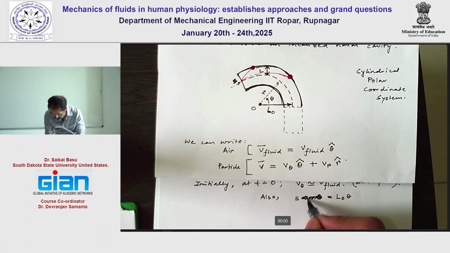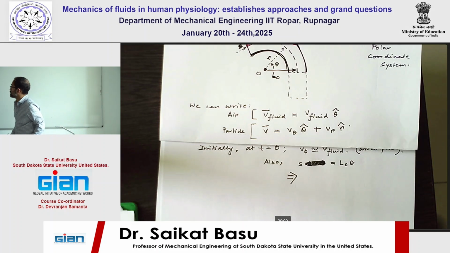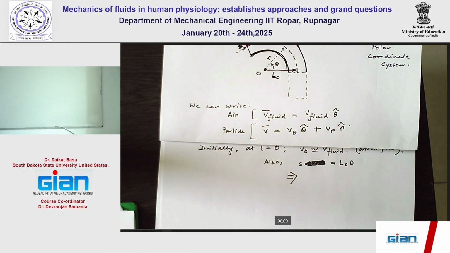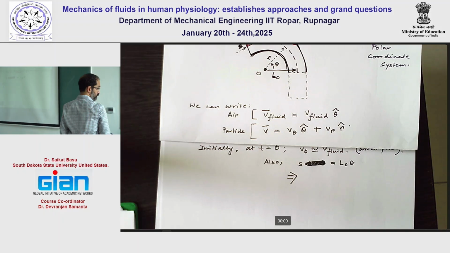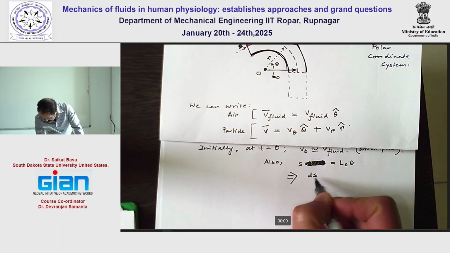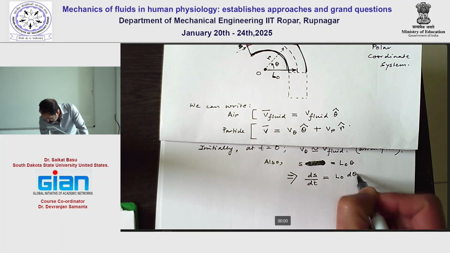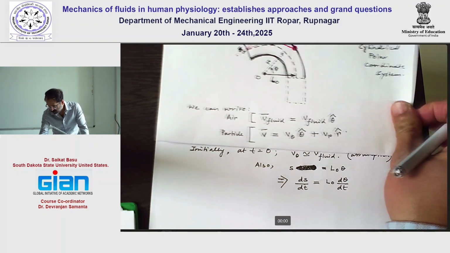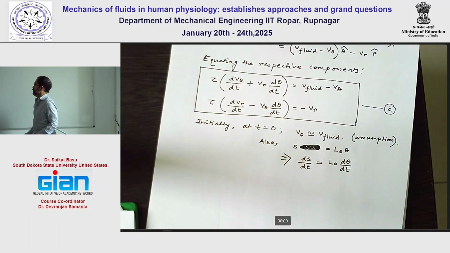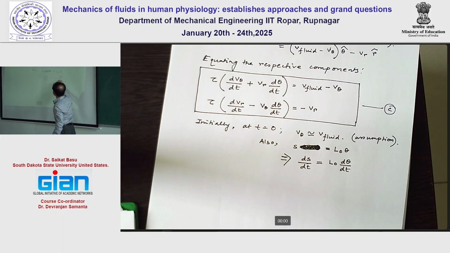Now, if we take the time derivative of this second equation, S is equal to L naught theta, what happens then? If we take ds dt, L naught is constant, so d theta dt. Whatever value we get for d theta dt will be useful in those equations. But what is ds dt?